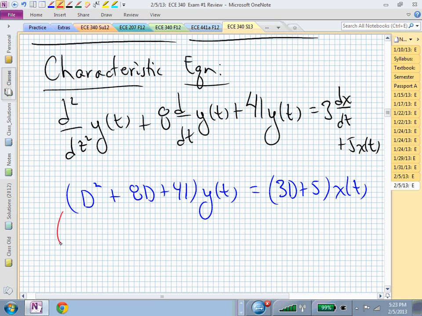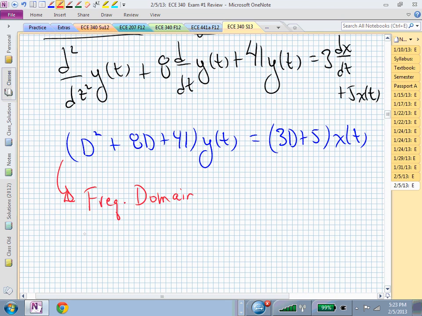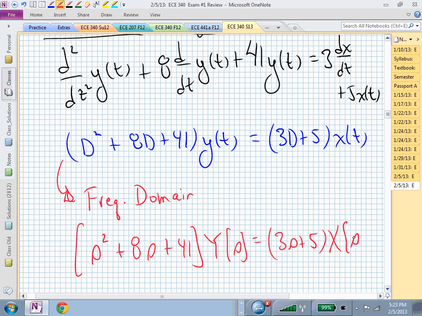This immediately can be taken into the frequency domain. Now we're essentially replacing the d's with s's, and we now have s squared plus 8s plus 41 times y of s is equal to 3s plus 5 x of s. If I'm interested in the characteristic equation, is anything here going to help me?